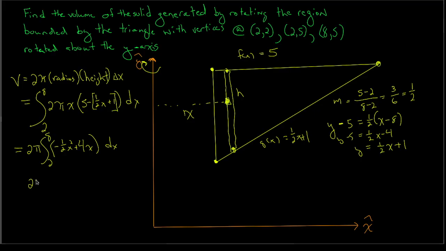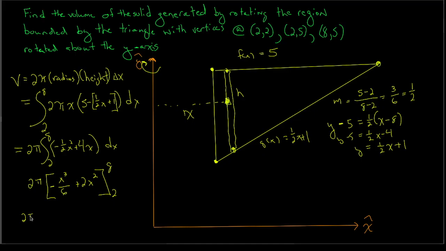So I'll take my integral. Negative 1/2 x squared becomes x cubed over 6 with a minus sign, plus 2x squared, from 2 to 8.